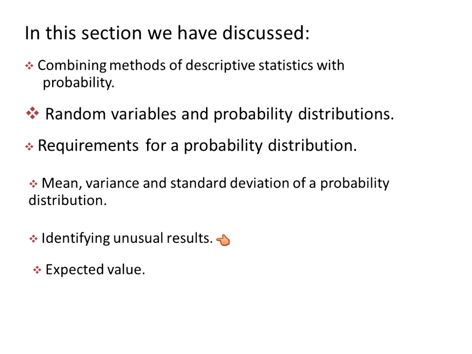The reason we wanted the mean and the standard deviation when we were working with a probability distribution was because anything that is above the mean by 2 standard deviations and anything that is below the mean by 2 standard deviations would be considered unusual. So we would need to know what that mean and the standard deviation are in order to determine if something's unusual or not.